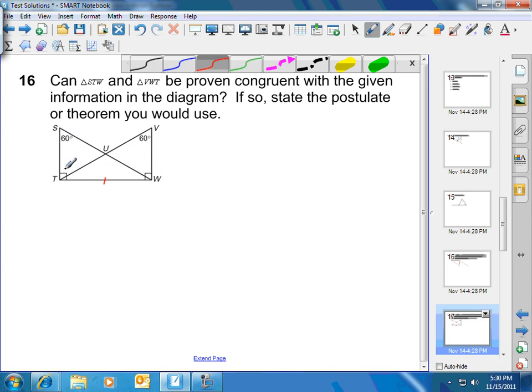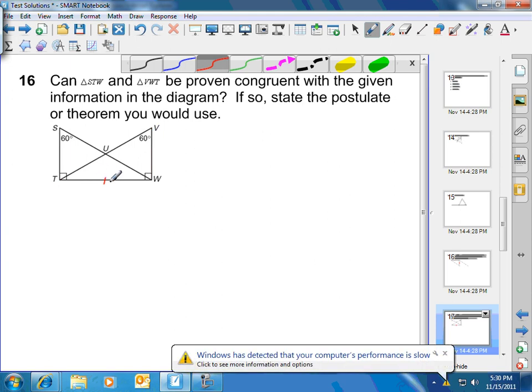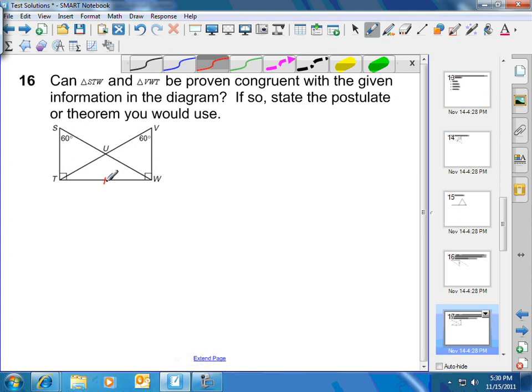So the 90-degree angle and the 60-degree angle in triangle STW is congruent to the 90-degree angle and the 60-degree angle in triangle VWT. And then we have TW is common to both triangles. So by angle, angle, side, these two triangles are congruent.